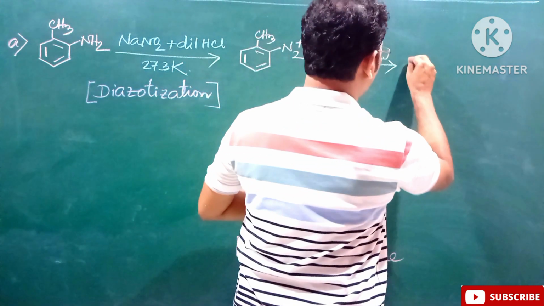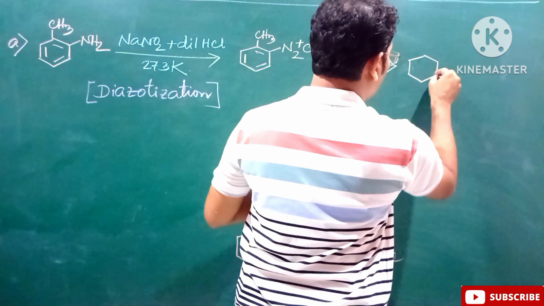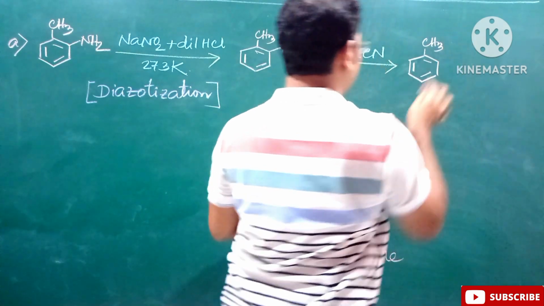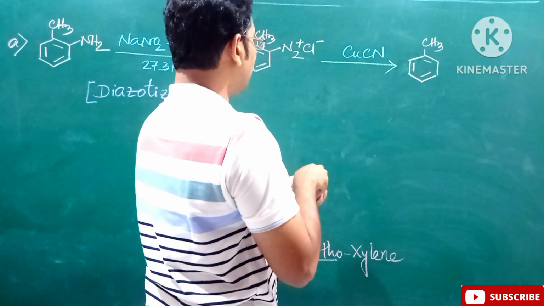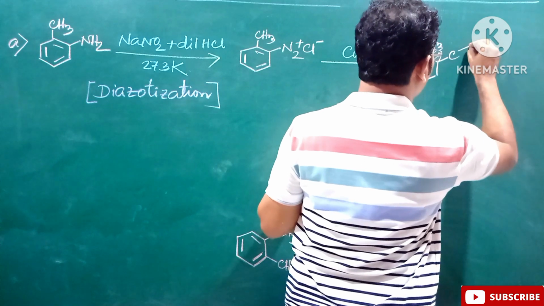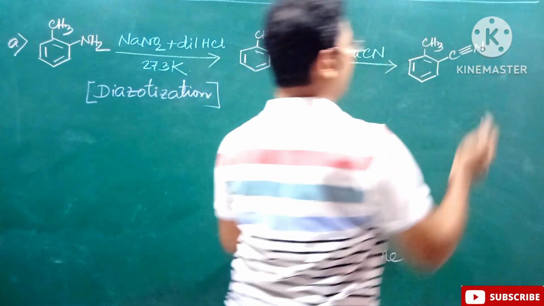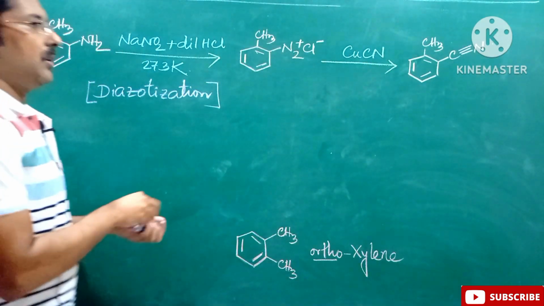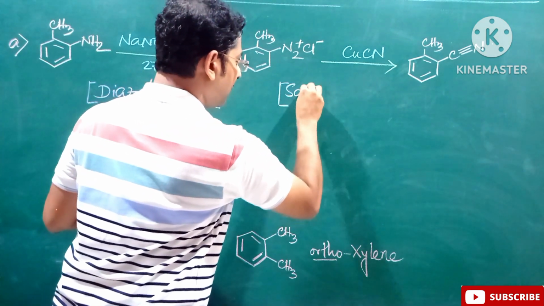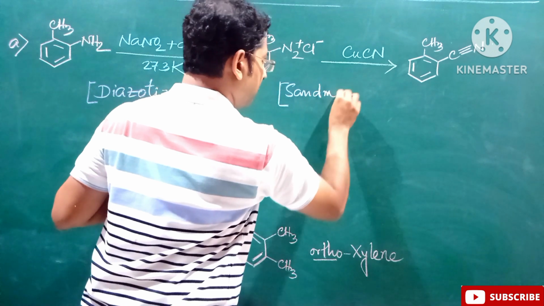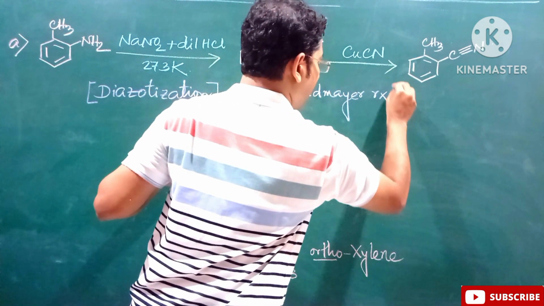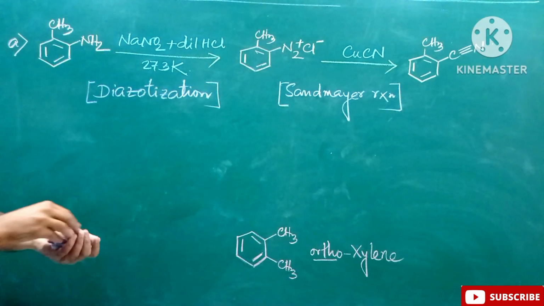So the product of this reaction is this: CH3 will remain intact and the diazonium will be converted into C triple bonded N, the cyanide group, right? So the name of the reaction is the Sandmeyer reaction.